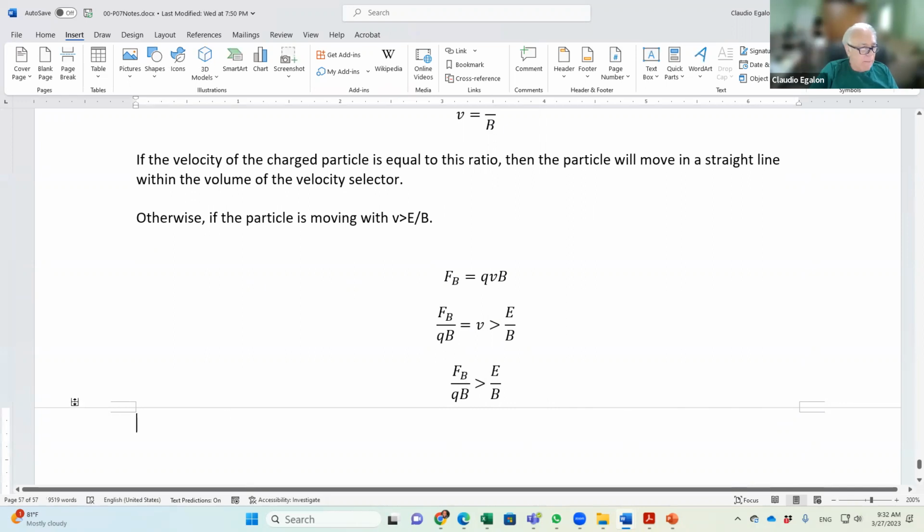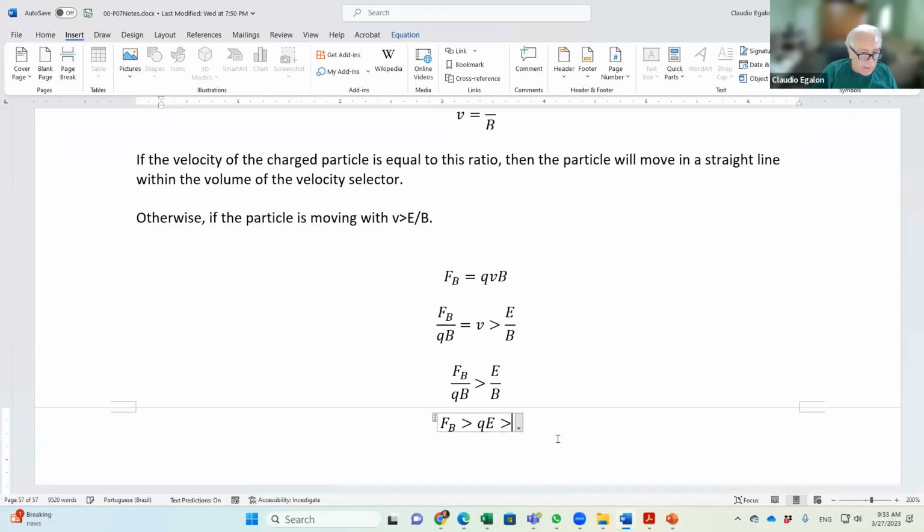Consequently, my magnetic force is going to be greater than QE, which, by the way, is greater than the electric force.